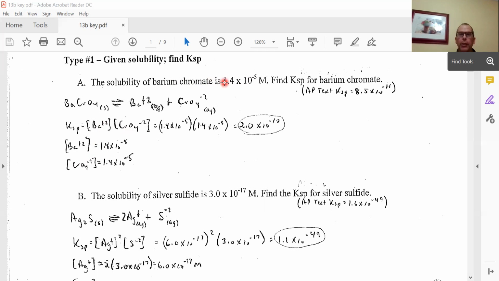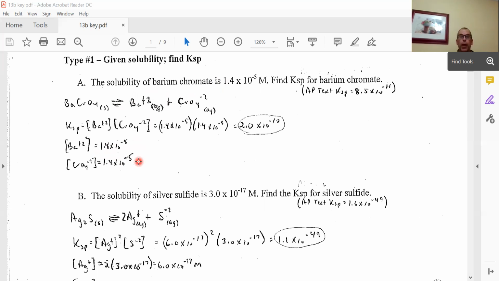So if 1.4 times 10 to the negative fifth of this dissolves per liter, the same amount of barium and the same of chromate per liter. So both barium and the chromate are 1.4 times 10 to the negative fifth concentrations, in molarity.